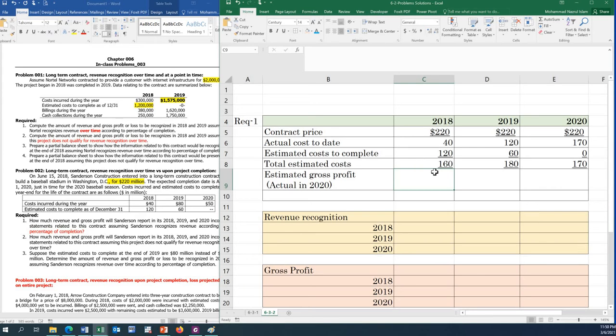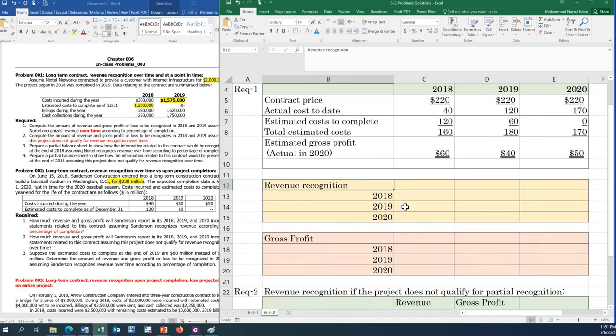It should be 220 minus 160, which is 60. Then 220 minus 180, which is 40, and this should be 220 minus 170, so it should be 50.